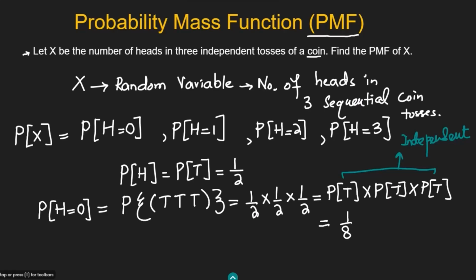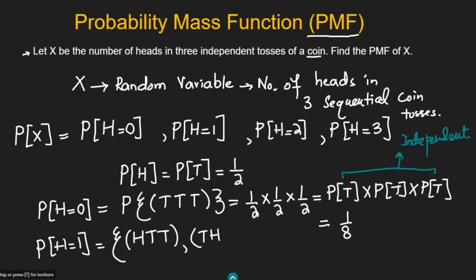Okay, for finding the probability of heads equal to 1, which items would it be? Let me write the items here. When heads is 1, the items would be: either the first toss gives me heads and the other two give me tails; or the second gives me heads, while the first and third give me tails; similarly the third item, where the first two are tails and the last is heads.